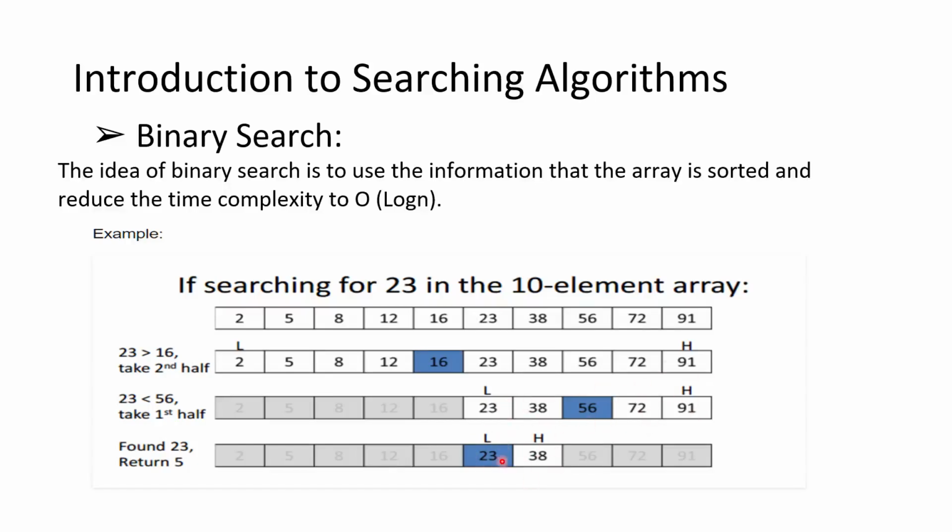When 23 is found, it'll return the index of the array where the value is, and this is 5, because don't forget it's 0 based: this is the 0th member, which is 2, then 0, 1, 2, 3, 4, 5. So the fifth index will be returned, and then it can quickly be determined that 23 is indeed at index number 5.